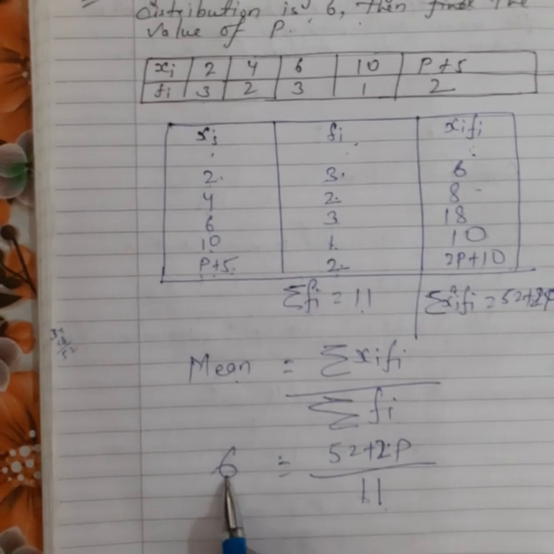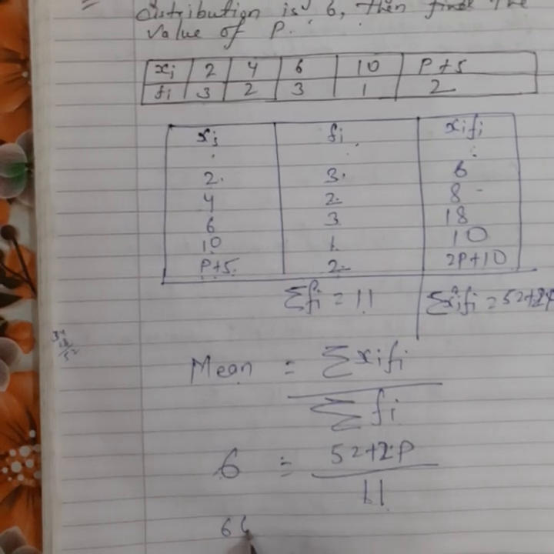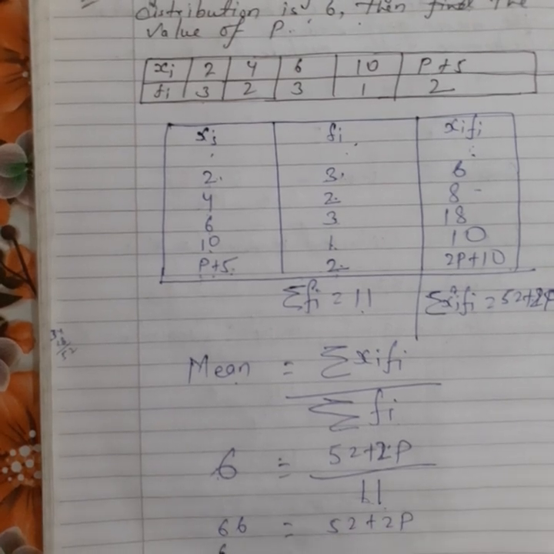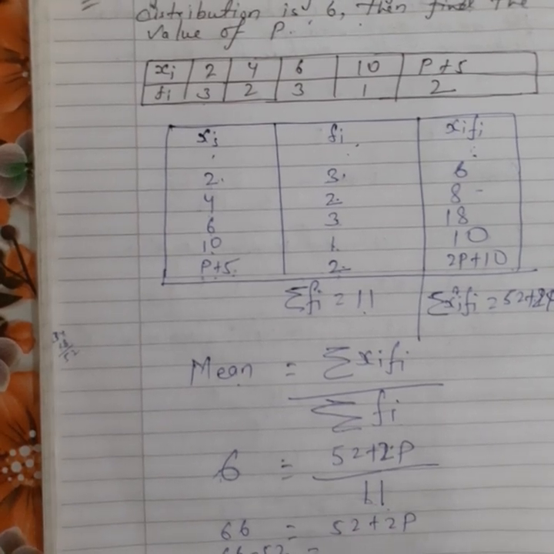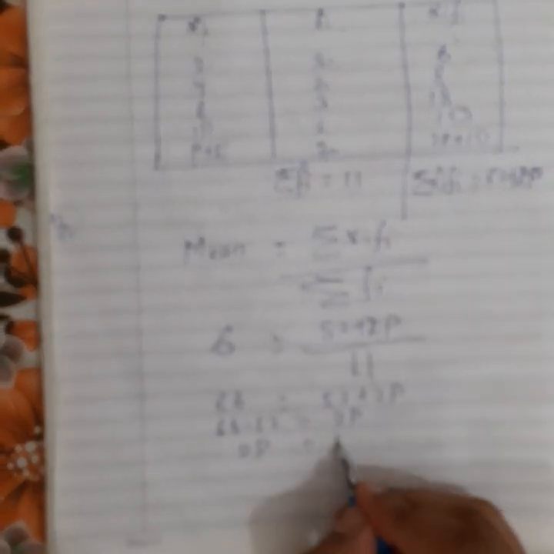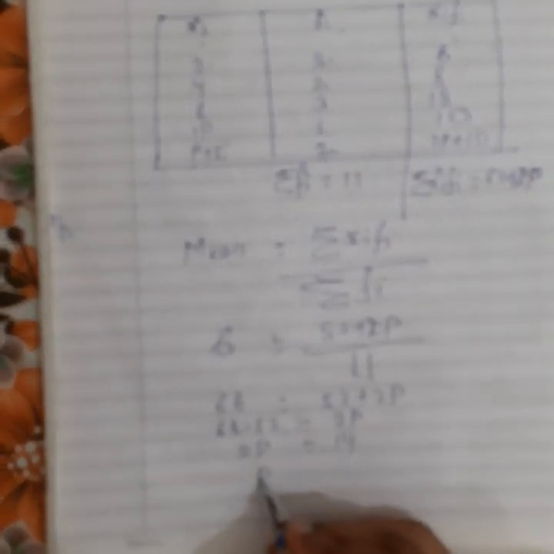Now we cross multiply, 6 into 11, we get 66, and this is 52 plus 2p. 66 minus 52 is equal to 2p. We get the value of 2p is equal to 14. Therefore, p is equal to 14 by 2. We get 7.